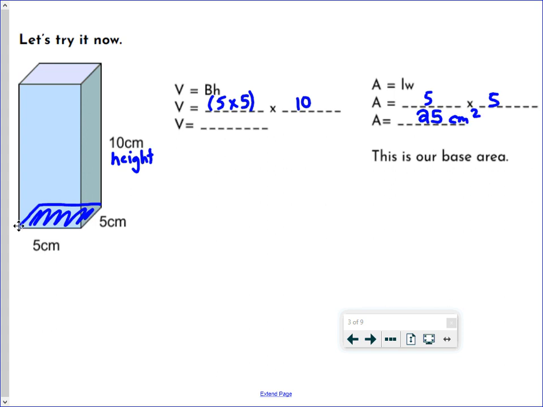So let's go back, fix that, make that 25. And then 25 times 10 is 250. 250 centimeters cubed because it is volume. So that's another thing. Don't forget to cube it. That is volume, so that's going to be cubic units, not square units.